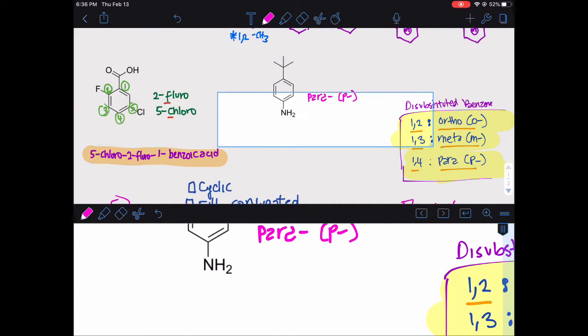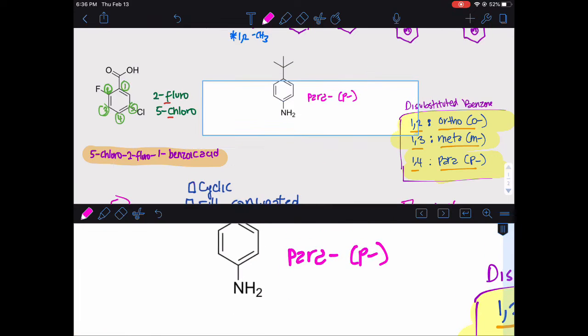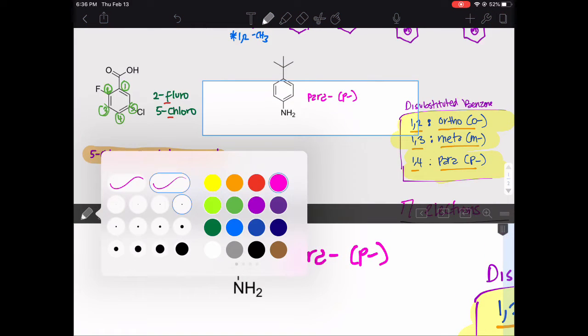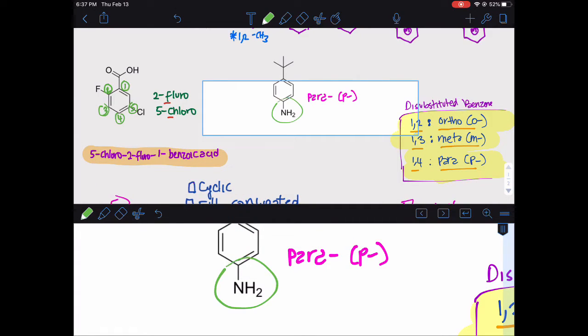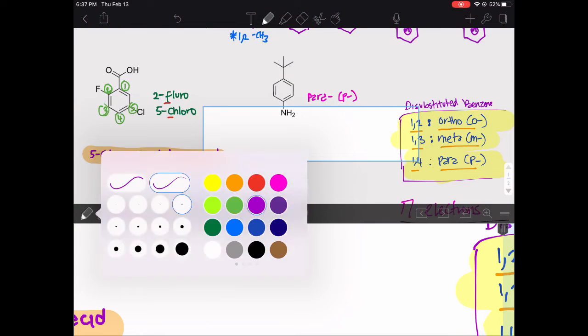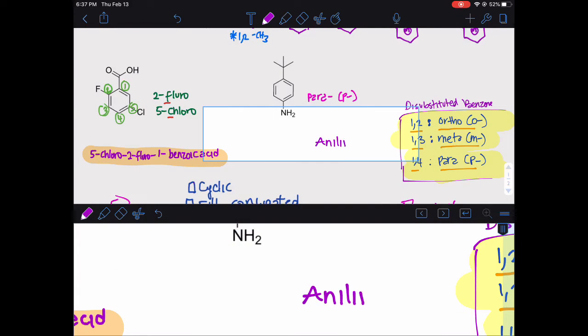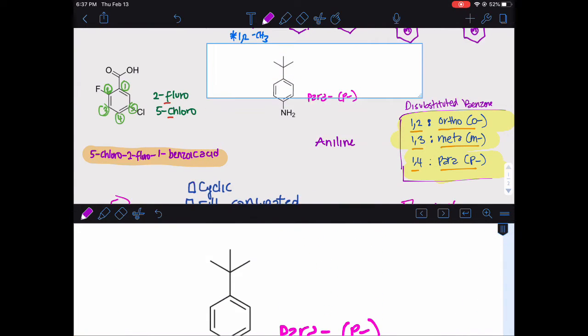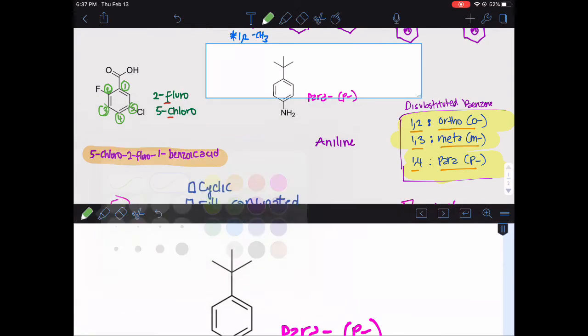Okay, so first of all, you need to determine what is going to be your derivative, right? Your derivative is right here, right? It's the aniline, because you have an amine group. So remember, you don't need the number. So just first thing you should do is put aniline, okay? And then what is the name of your other substituent? This is a tert-butyl, okay? That's a tert-butyl because you have 4 carbons, 1, 2, 3, 4, right?